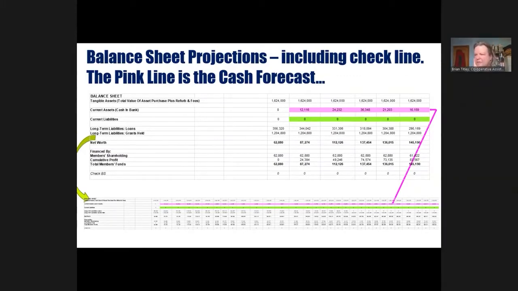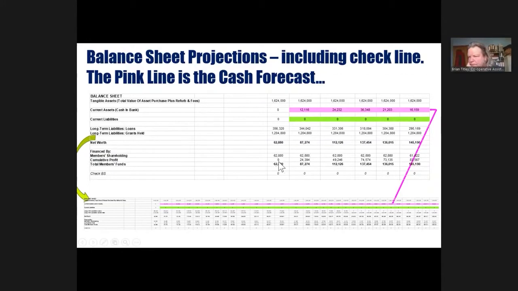So the members' shareholding doesn't decrease for the first 5 years here, and then it starts to go down, and you can set the amount that you want it to go down. I can't quite remember where that's set, but we'll look at that when we actually look at the model itself.